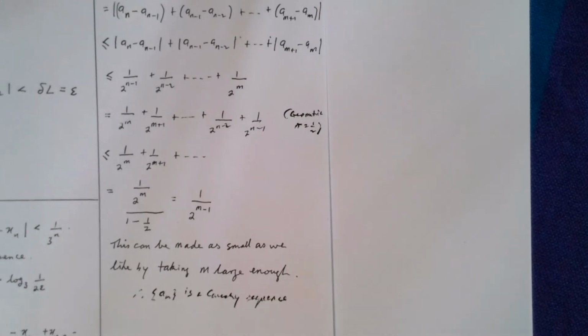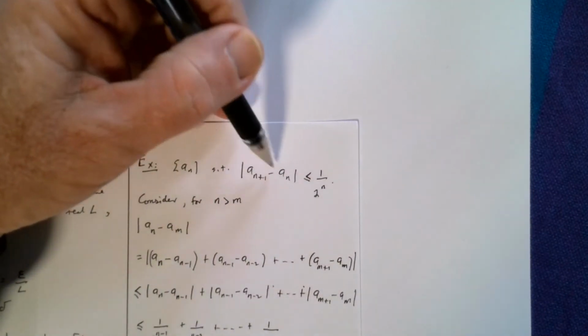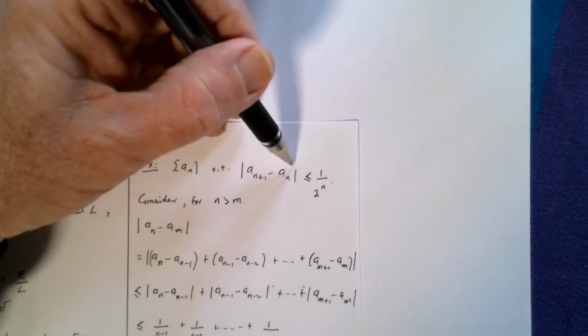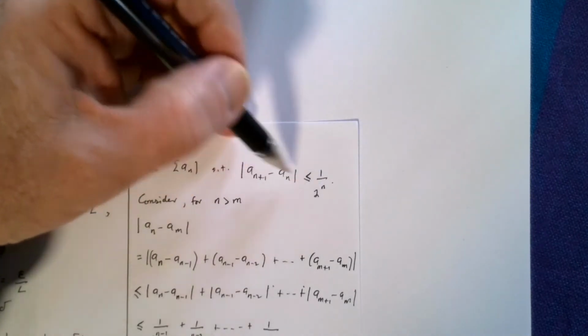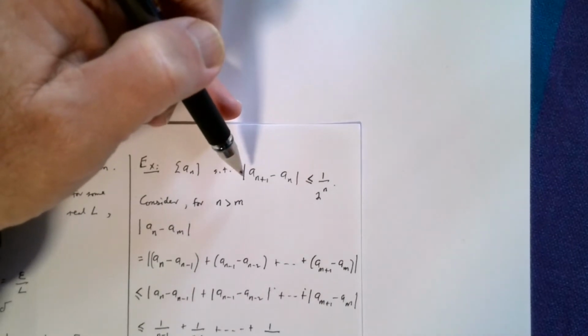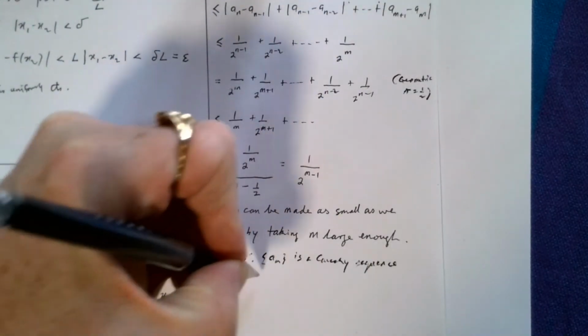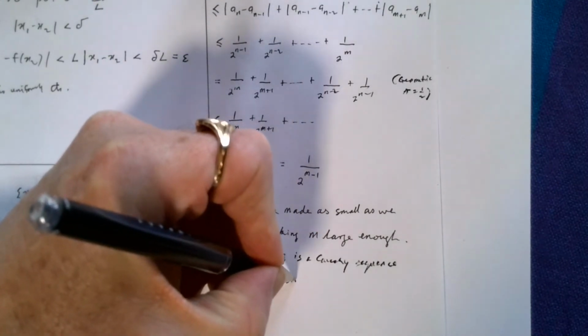But the important point is that if I've got a sequence where consecutive terms differ by less than 1 on 2 to the n, then the sequence is a Cauchy sequence, and hence converges, just to finish it off.